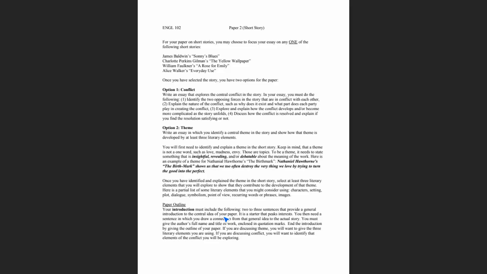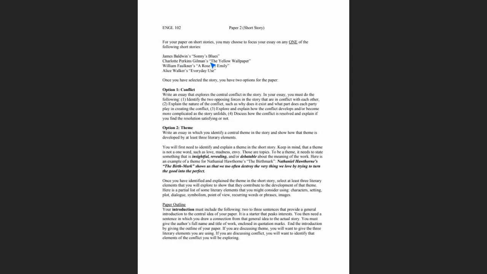Then you transition to the story. When you transition to the story, you need to give the author's full name and the title. So you'll say something like, in James Baldwin's Sonny's Blues, we see how music becomes a very important instrument for bringing people together, right? But notice I give the author's full name and the title of the work.